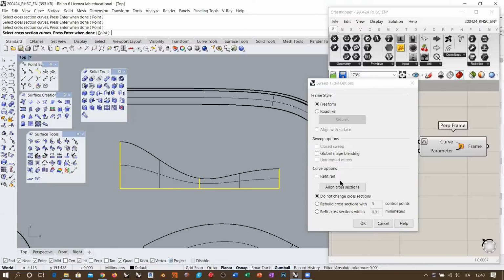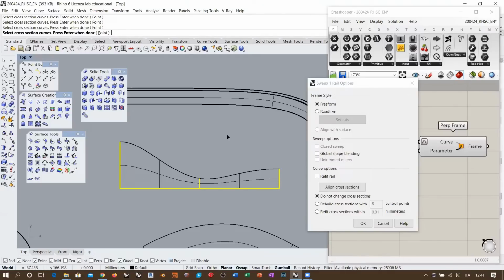By doing this, what you produce in your surface is a different longitudinal complexity, because refitting redistributes the control points and knots along the path, and you will get different sets of cross isocurves along the surface, of course, because remember that isocurves are not lines, and you have a degree 3 interpolation.